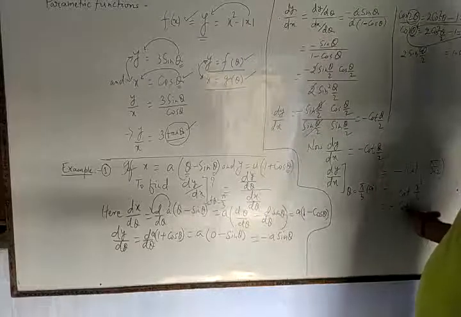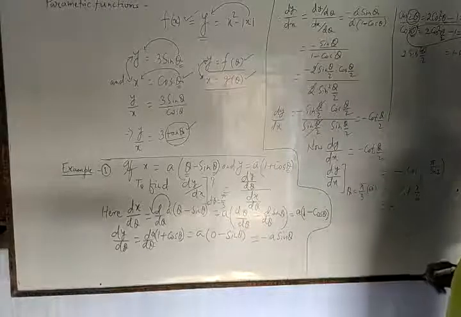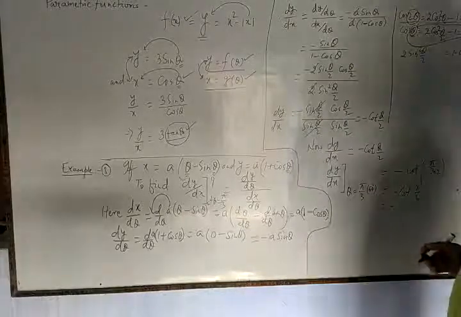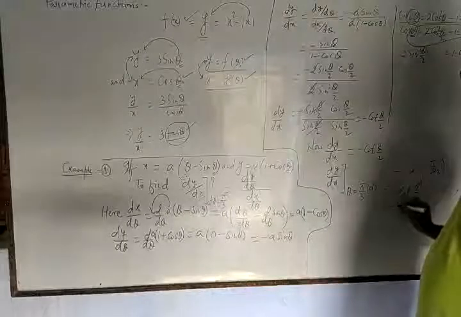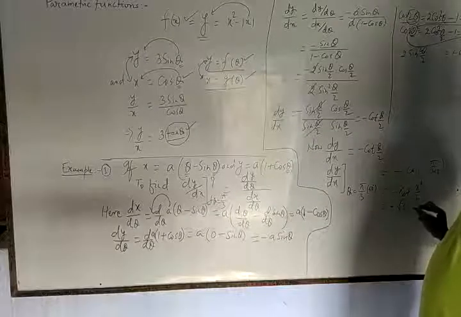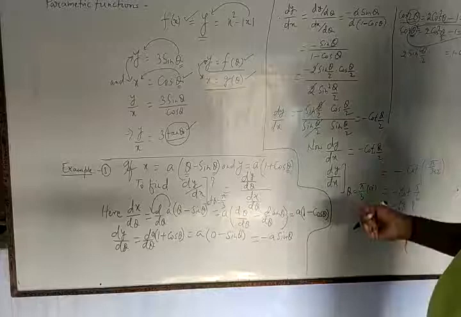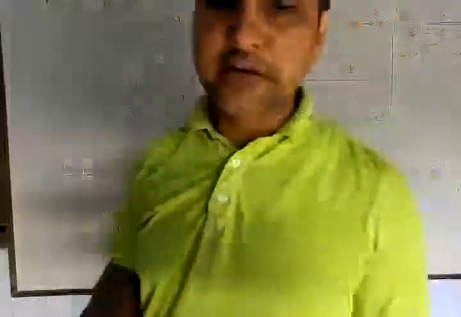The value is what? What is the value of 30 degree in cot? So tan 30 is 1 by root 3, so cot 30 is root 3. So question may come in parametric form in that way.